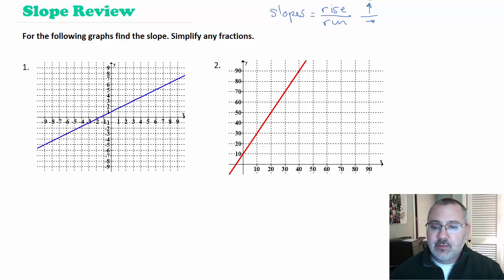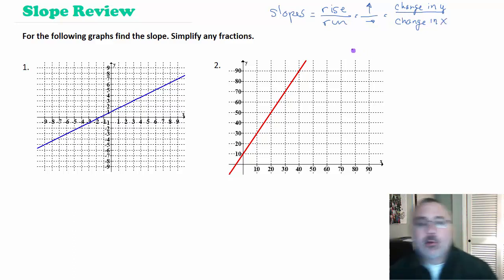Now, the rise can be up or down, the run can be left or right. Another way to think of this is the change in the y's divided by the change in the x.